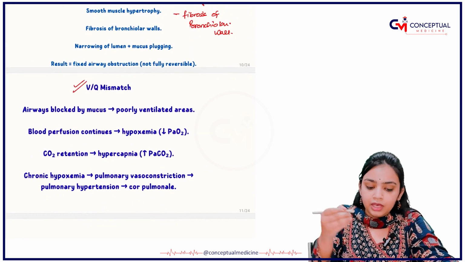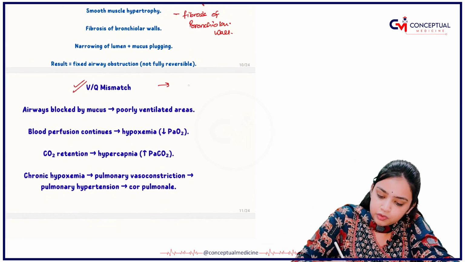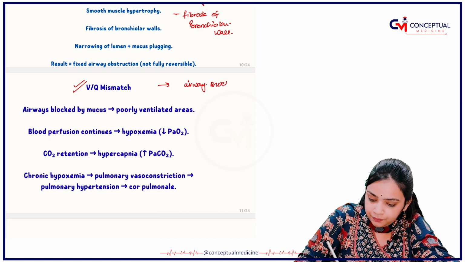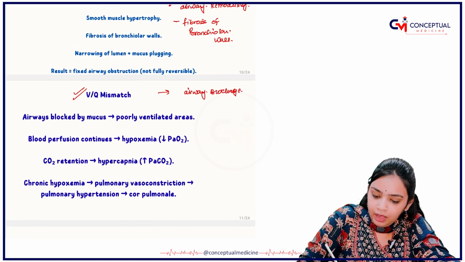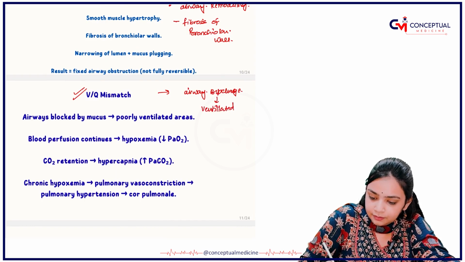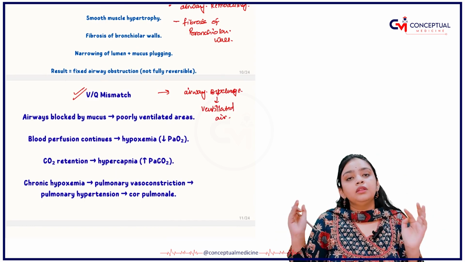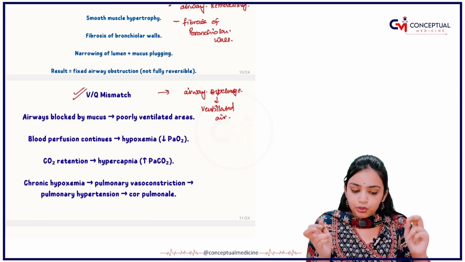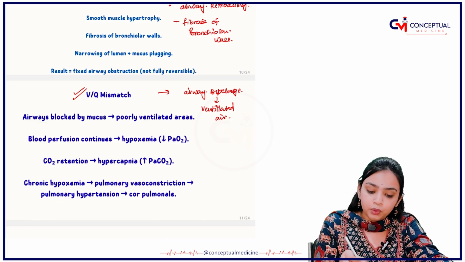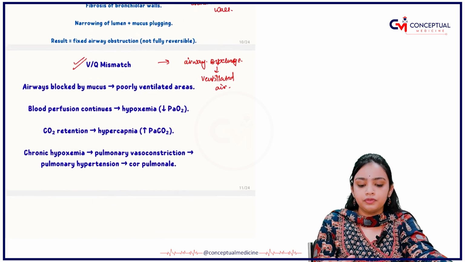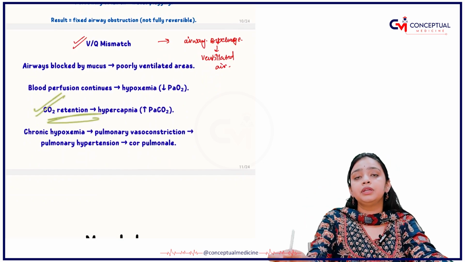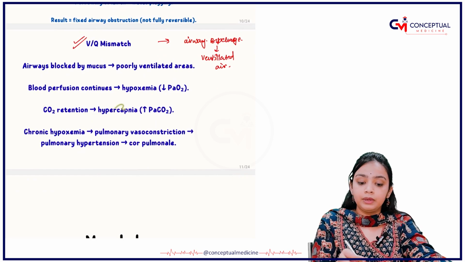Next, there will be VQ mismatch, as a result of which there will be airway blockage, and the ventilated areas are also narrowed. The airway will be blocked by the mucus, and blood perfusion continues. If the blood perfusion continues, there will be carbon dioxide retention, and there will be hypercapnia.